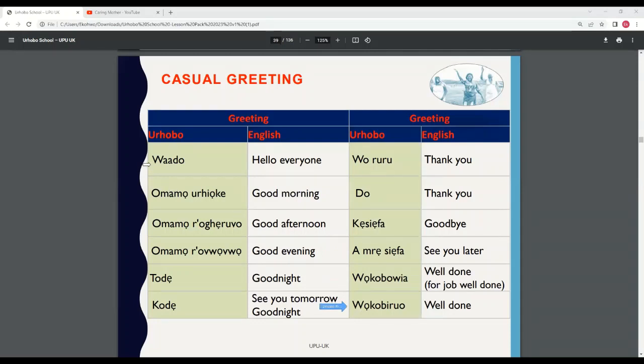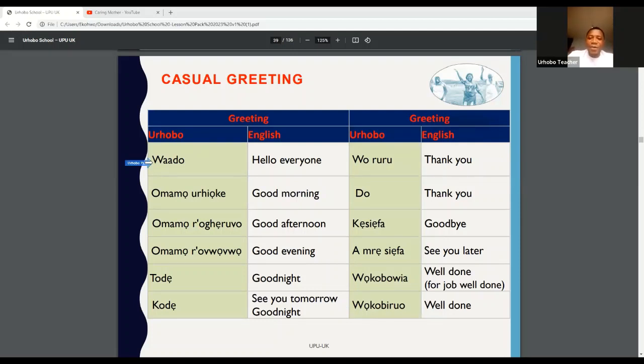Is that correct? Yes. Only the Ogeruvu, you have to practice more. Ogeruvo. Yes. Ogeruvo. Thank you.